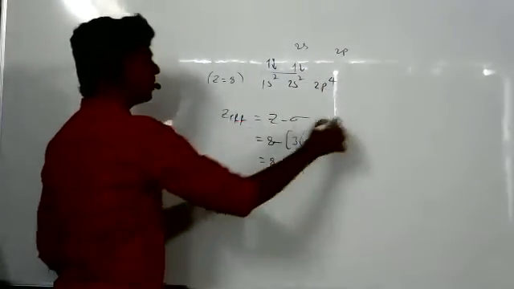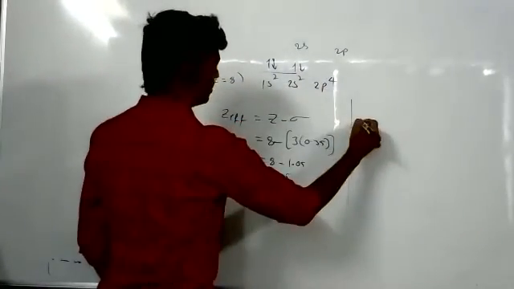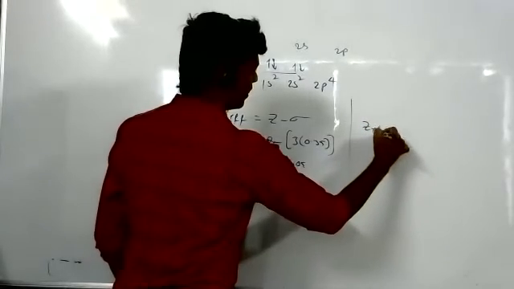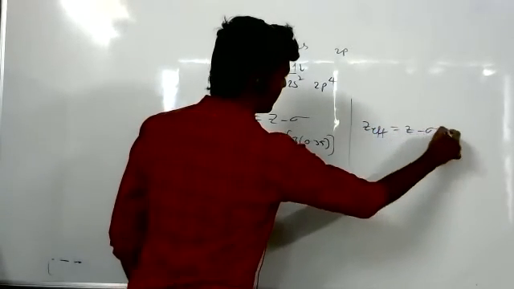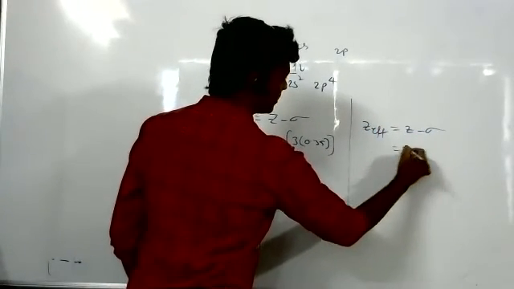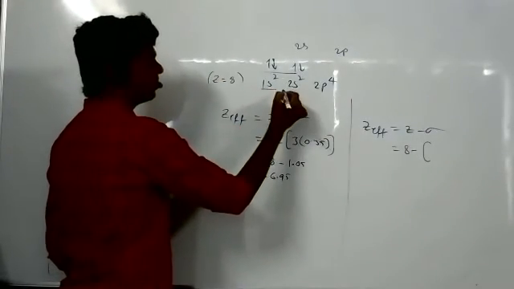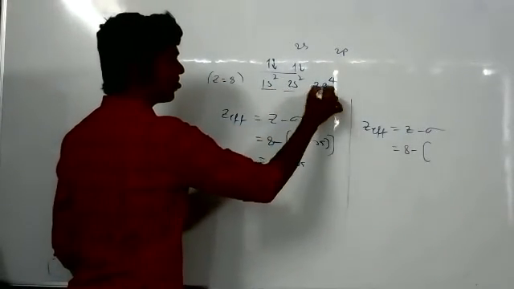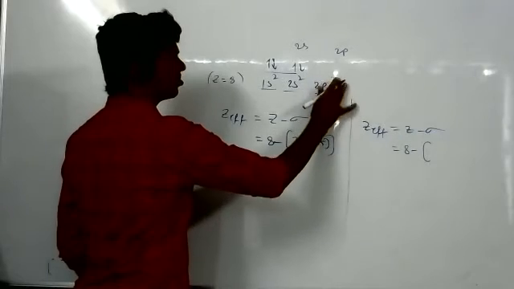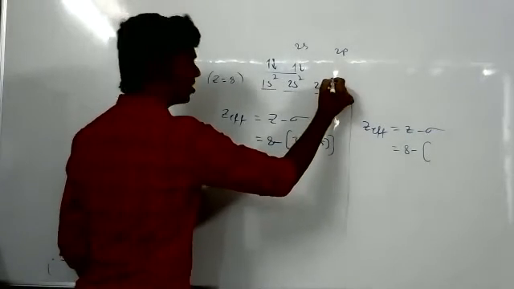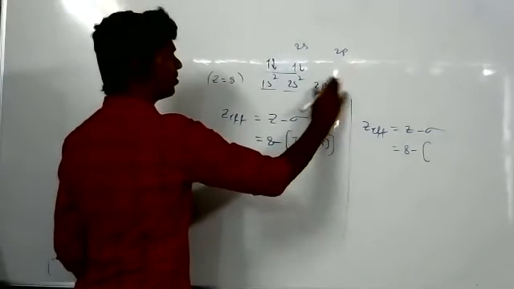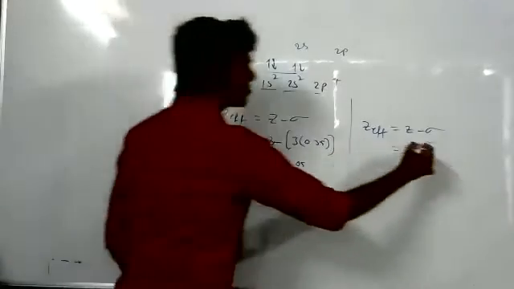Suppose the electron is present in 2p. They are asking for 2s and for the electron present in 2p. Here we have to consider more electrons. Z effective is equal to Z minus sigma, where Z is 8. Electrons present here are 2, here also 2, and we have to consider 3 more electrons, so we consider a total of 7 electrons.